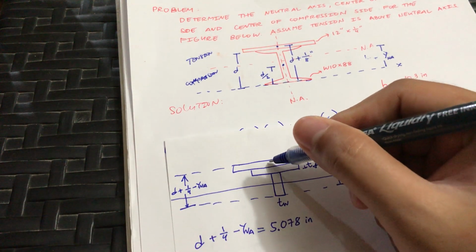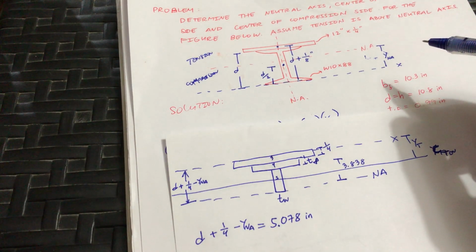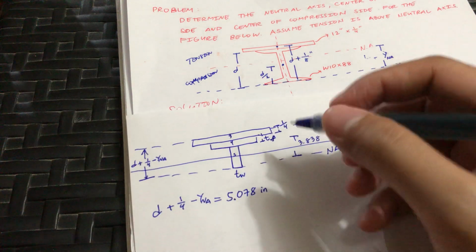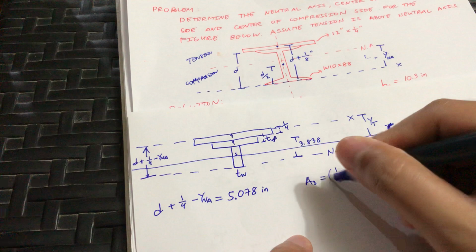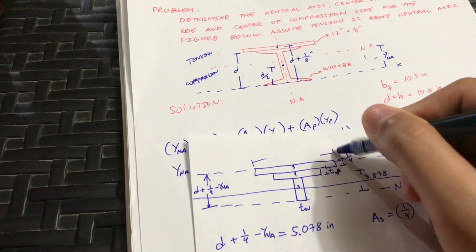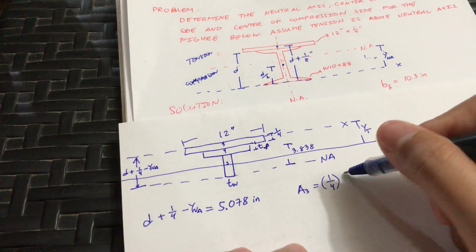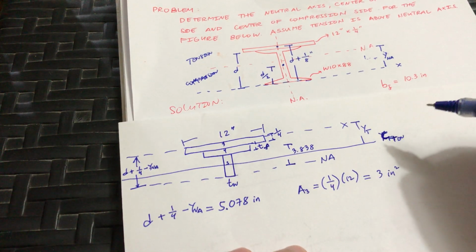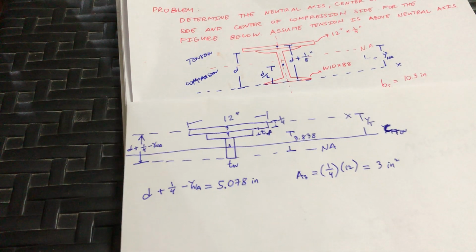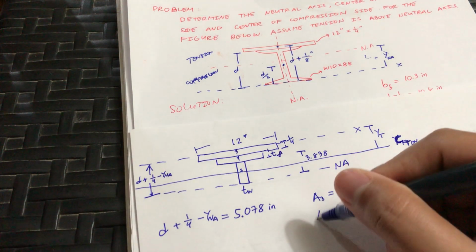This is 3.838. To solve for the Y tension, let's now try and solve first the areas. Now let's name this area 3, area 4, and area 5, since we already used area 1 and area 2 in the compression side. So area 3 is 1/4 times 12 inches, this is 3 inch squared. Next, area 4.